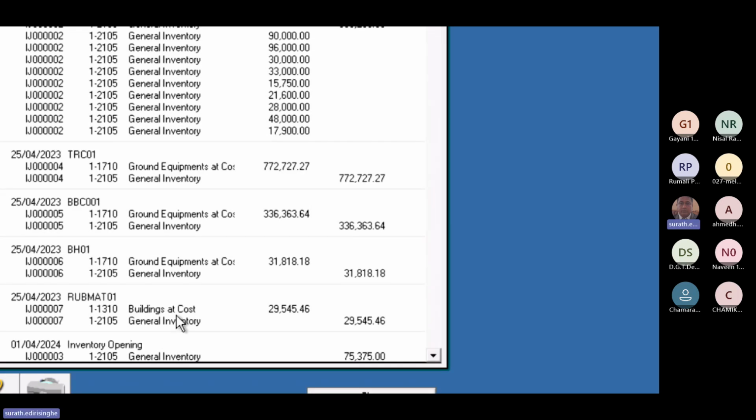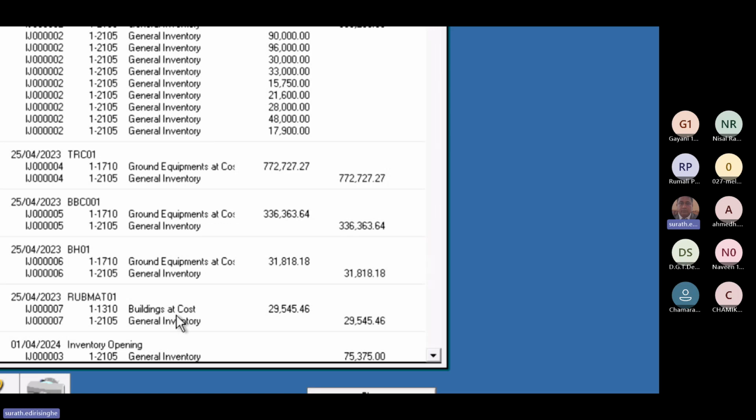Only 29,548 are capitalized. Still balance 29,000 inventory item in my warehouse. After you issue this item and put it to the building, the floor, after 1 year, 2 years, or maybe 6 months, the balance 5 items issuing to the building or somewhere. This is the reality of transaction.